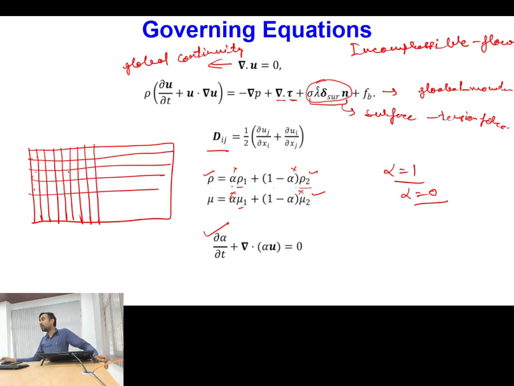More means a smaller grid size is needed in comparison to that of a single phase flow problem. So if you do uniform meshing everywhere, you will find difficulty, because the number of grid points will be more and the computational cost will be high.